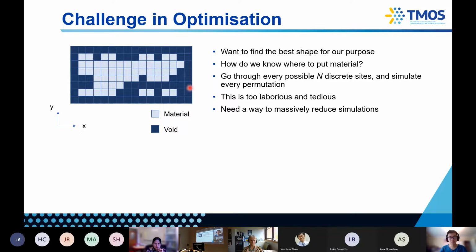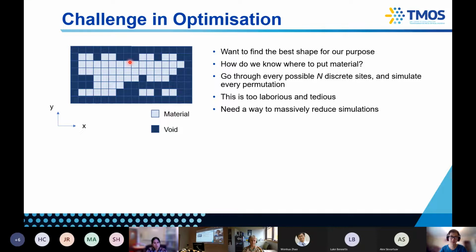What we can do is perhaps go through every possible discrete site. Each would be a small chunk of the domain, and simulate every permutation of whether there should be material there or not. Of course, this is way too laborious if your simulation domain is already huge.